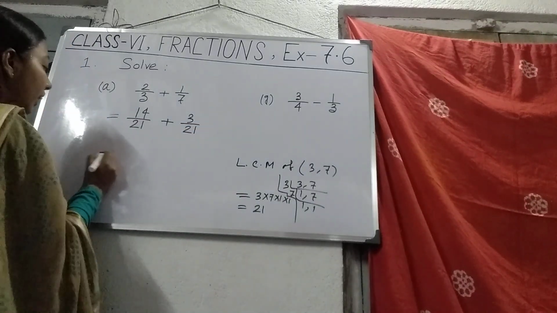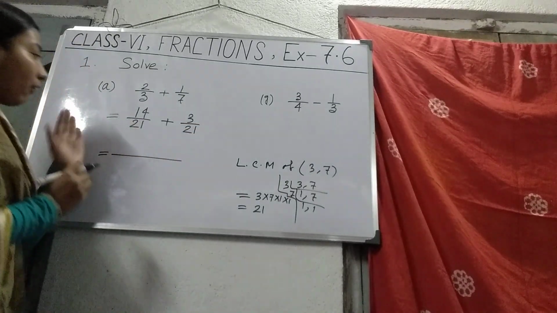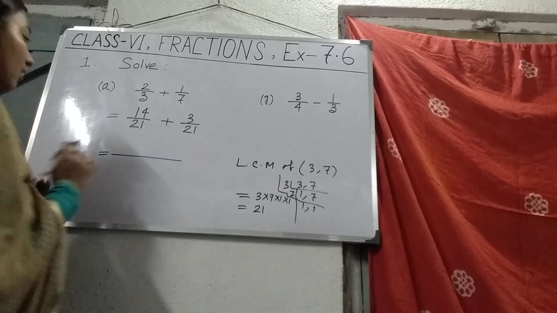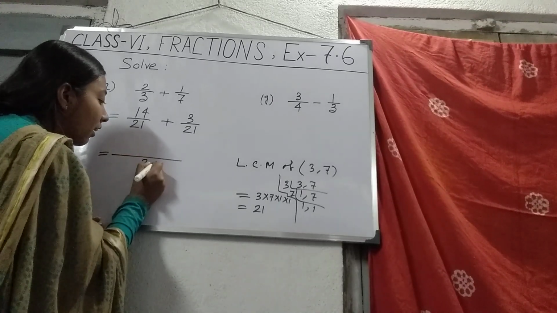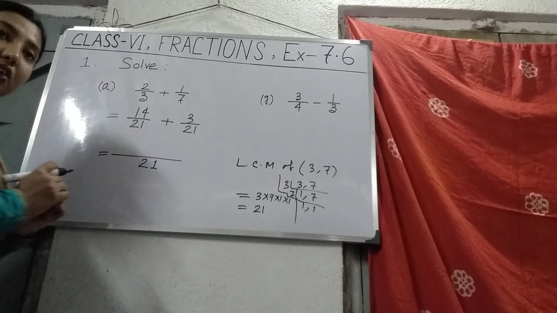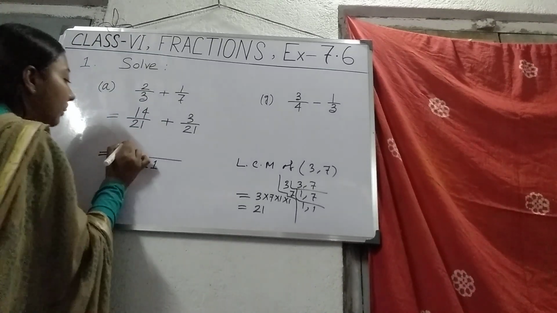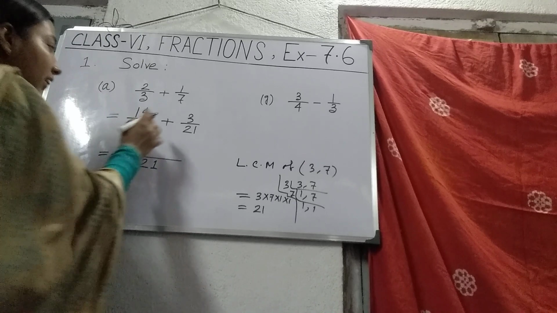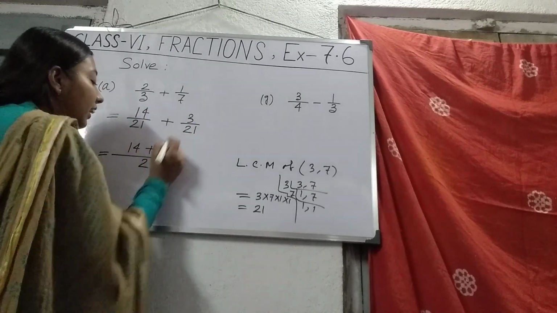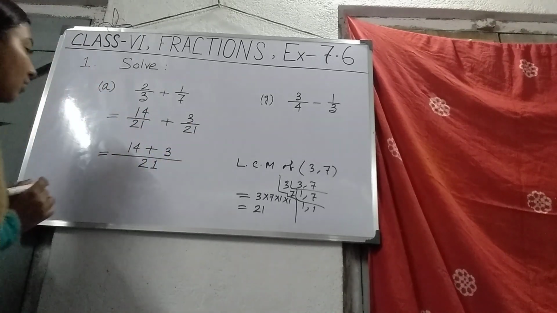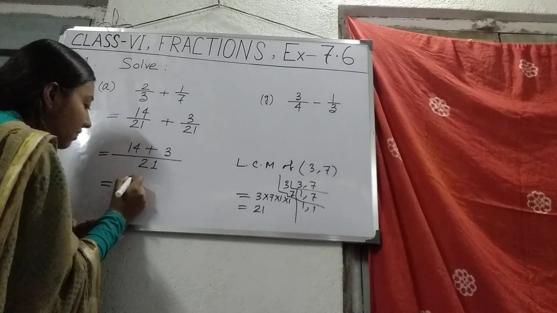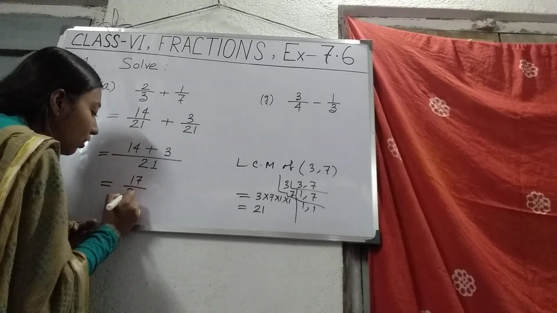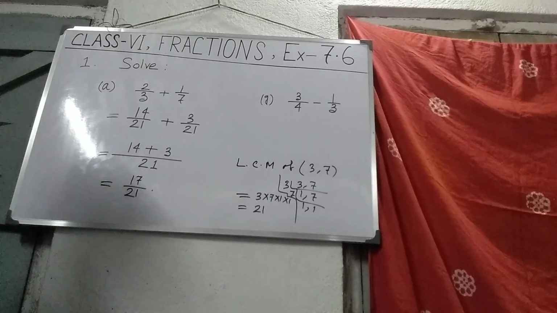So here we are getting both the denominators are same. So for LCM we have to take the number itself, that is 21. Now for numerator we have to put the value simply, then plus sign, then again 3. So the answer comes 14 plus 3, 17 upon 21. This will be the method.